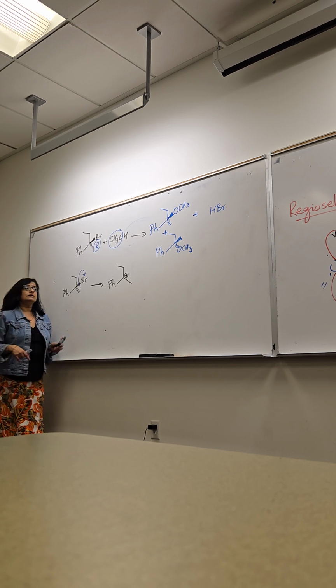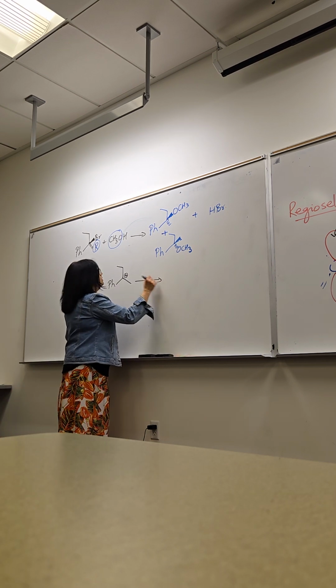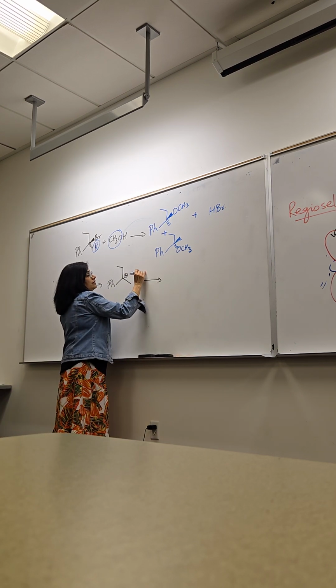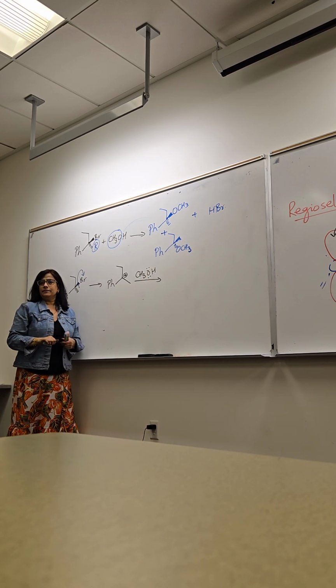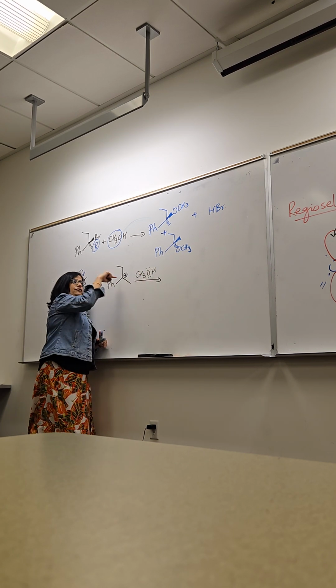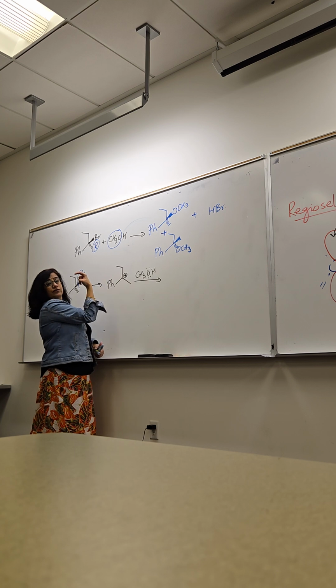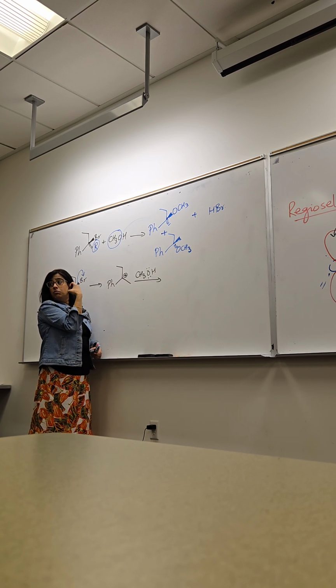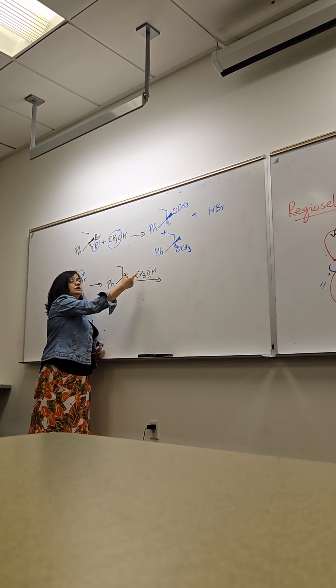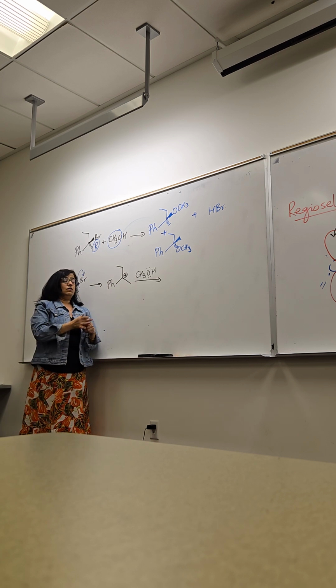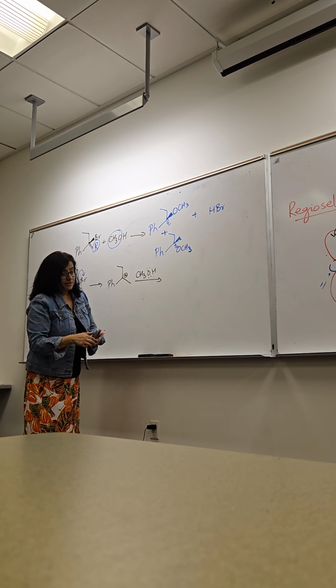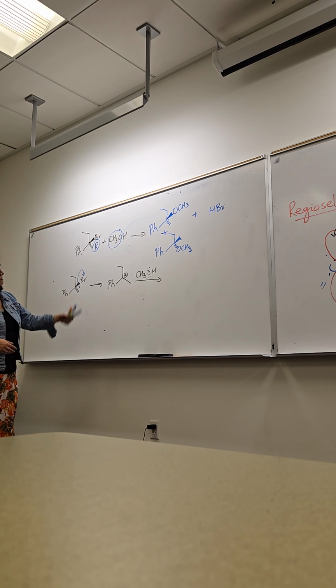What happens next? The nucleophile, which in this case is methanol, attacks. Isn't that right? Does it come from the front or from the back, or both? I guess it depends on which stereo.